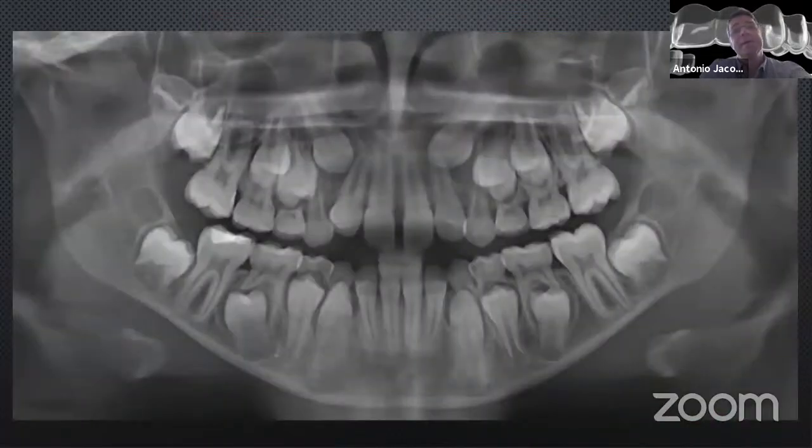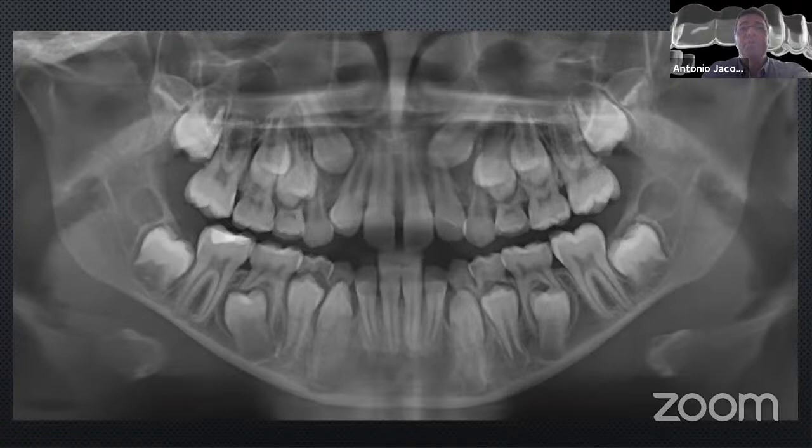And on the left side, we have an inclination of the canine and a superimposition with the roots of the lateral incisor. So at this point, I thought it would be interesting to extract the primary canines and the primary first molars at this time, to try to de-impact the canine.